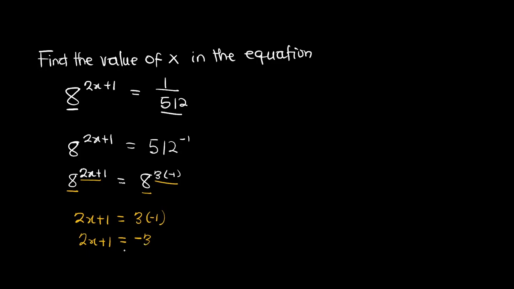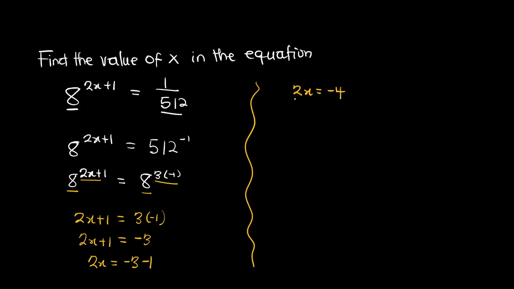Then I group like terms. I maintain my 2x equal to negative 3, then I send the positive 1 to the other side of the equal to sign, and that becomes negative 1. So 2x is equal to negative 3 minus 1, which gives negative 4.